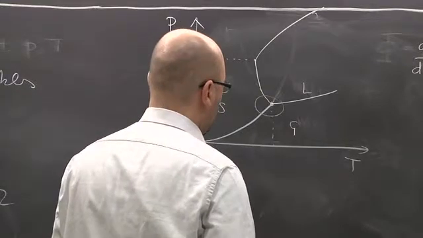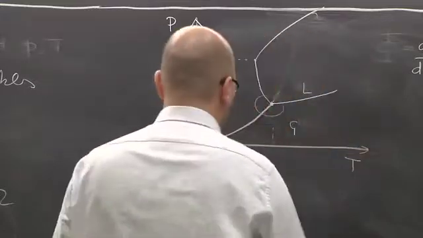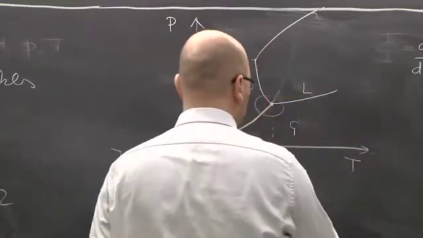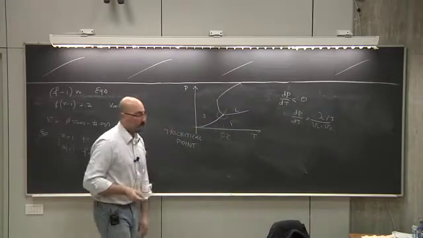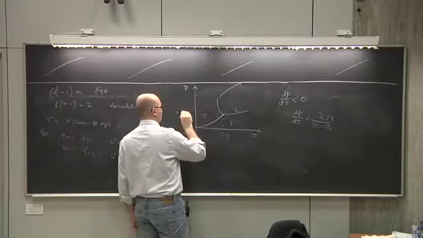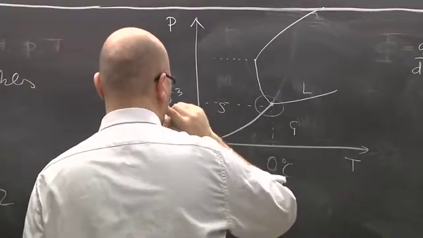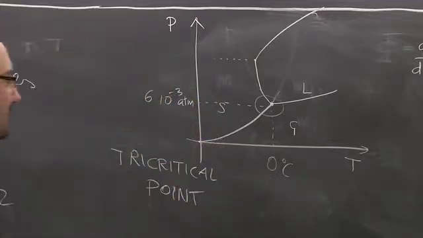For water, the temperature is essentially 0 Celsius, but the pressure is very small. It's 6 times 10 to the minus 3 atmospheres.